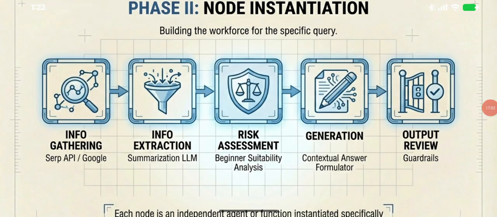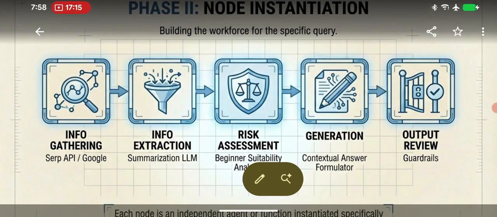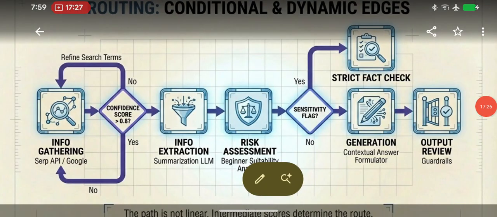Once that assessment is done, the final answer is generated by the answer formulator agent, and then the output is reviewed by the guardrail and shared with the end user, and also stored in parallel in the history for future improvisations and corrections.